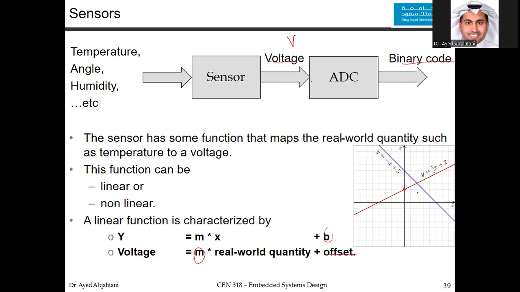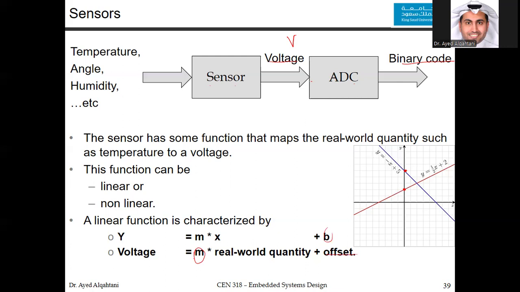Now for the second example, here we have a negative slope, so it's moving this way. And the y-intercept is plus 5, and you can see that the y-intercept here is 2, 3, 4, and 5. There are so many examples that you can imagine. Anyway, we like to work with linear functions. It's easy to deal with.